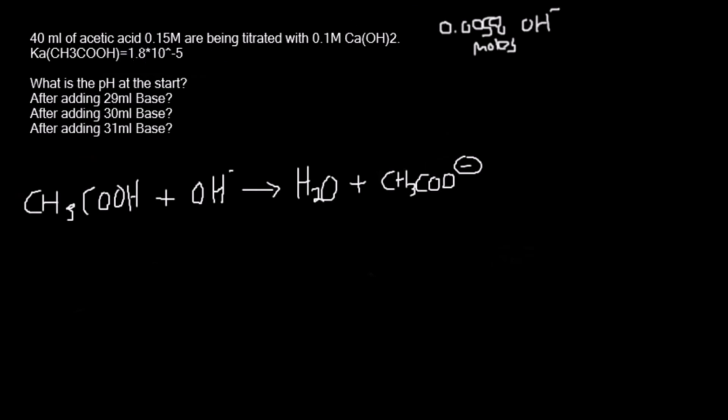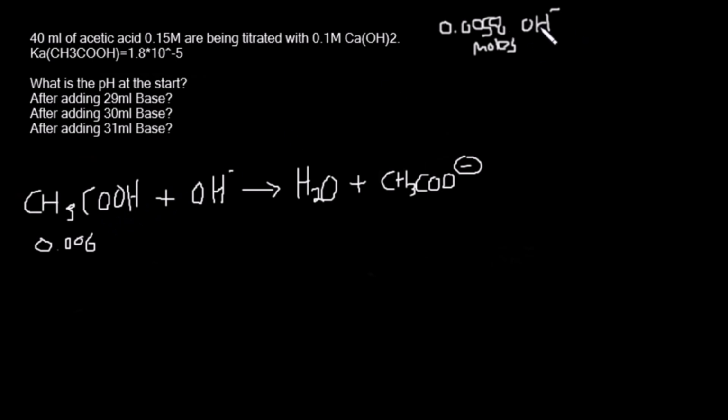Because after we add the base, it's the end. We need the moles in the beginning before we add the base. So in the beginning, we have 0.006 moles, which is, again, 40 divided by 1000, which is the volume, times the concentration of the acetic acid.